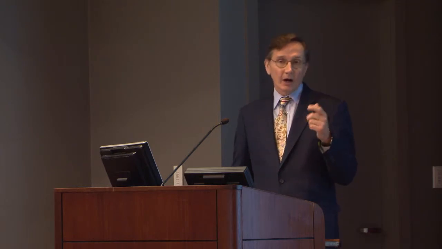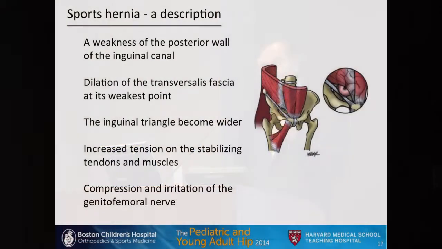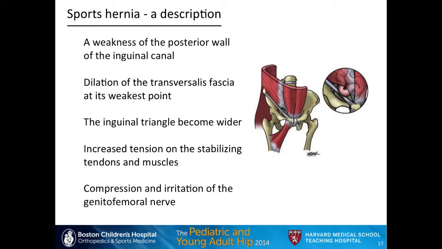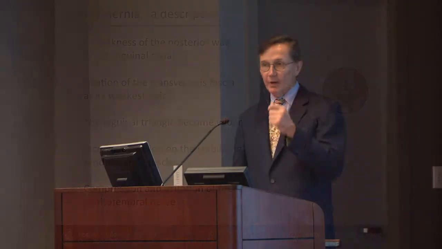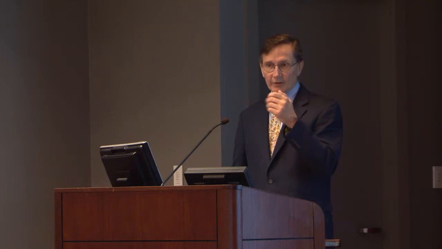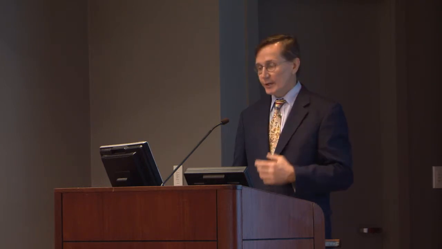So one recent, more popular description of what's actually happening is that you get some dilatation of this transversalis fascia that bulges out, increasing tension on the muscles that attach to the symphysis pubis, and some compression and irritation of the genitofemoral nerve. The genitofemoral nerve comes out right above the rectus abdominis right there, and irritation of that can cause this groin type of pain.